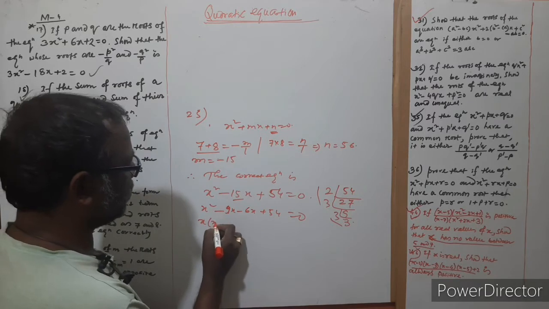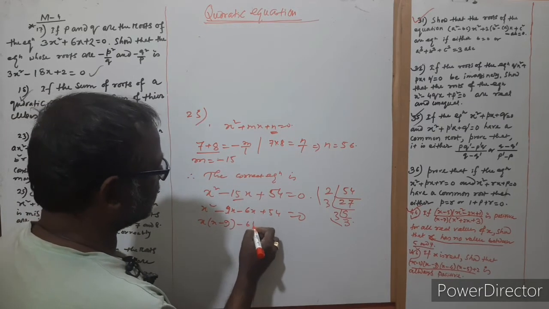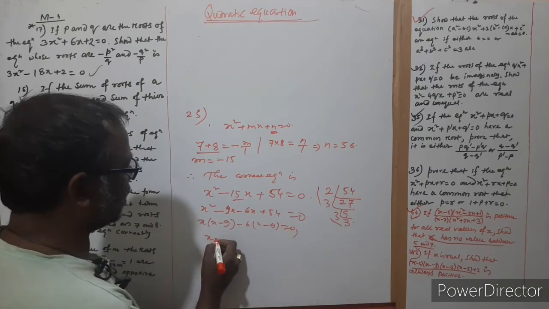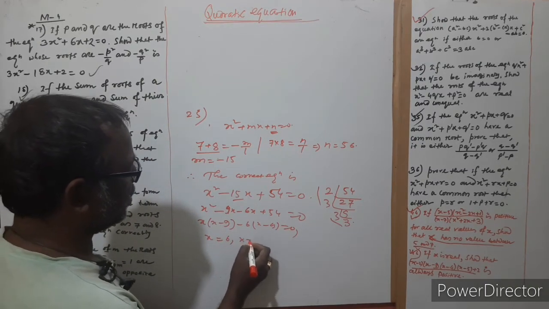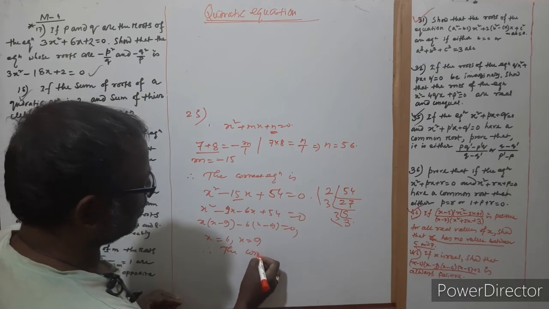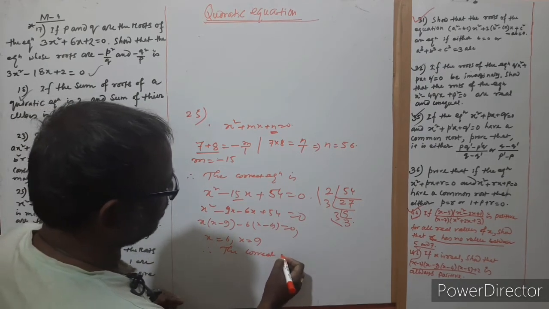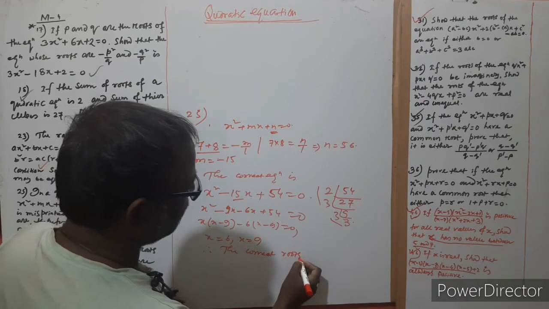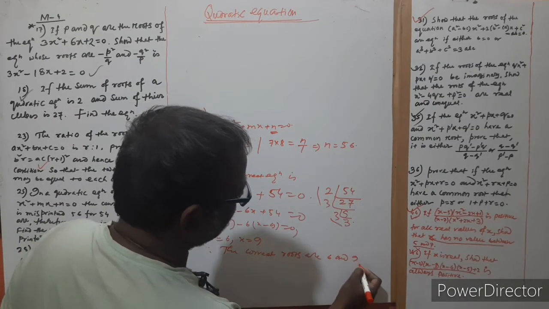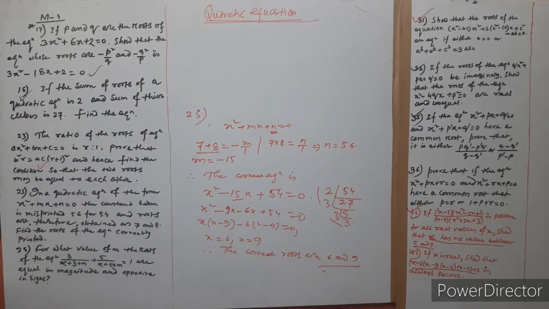And take common x minus 9 and x minus 6. So then the roots are 6 and 9. Therefore the correct roots are 6 and 9.